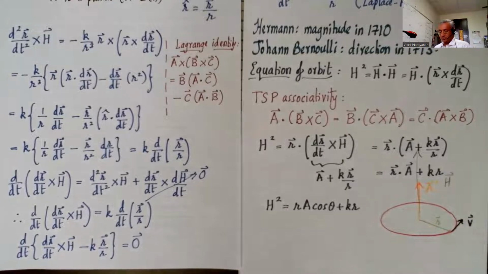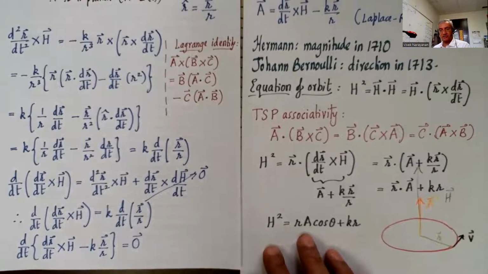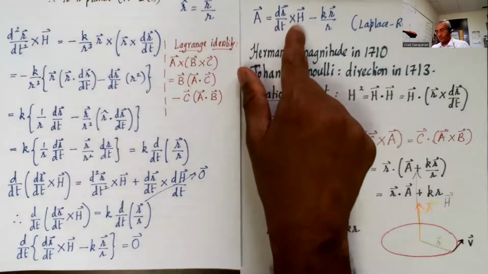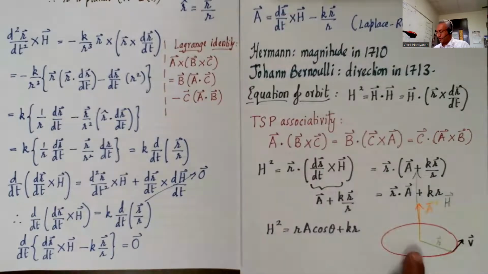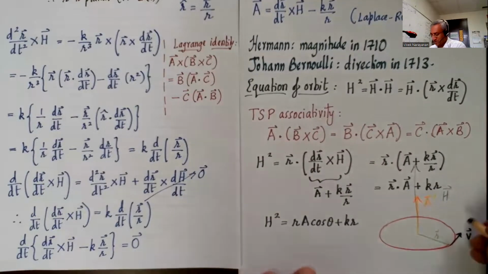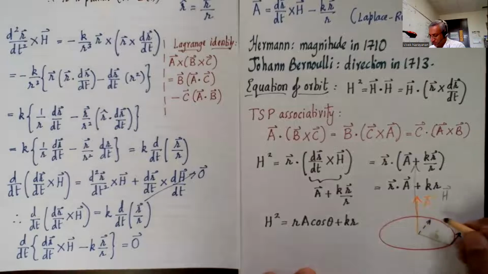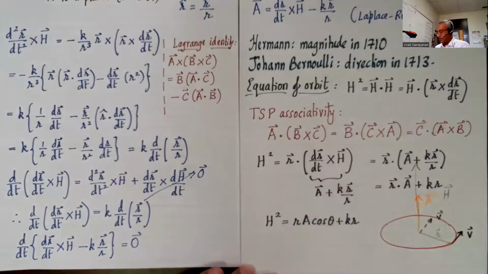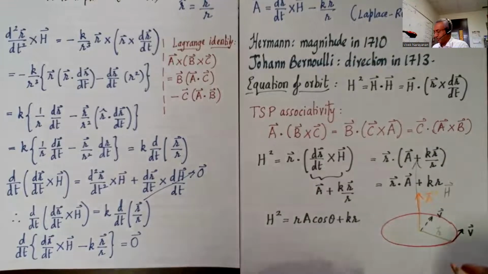Now, observe the direction of A. What can it be? I have the velocity vector cross the Hermann. So V, if I transfer the velocity vector over here, it looks like this. It's still in the plane of the orbit. So V cross A is going to be in the plane itself.